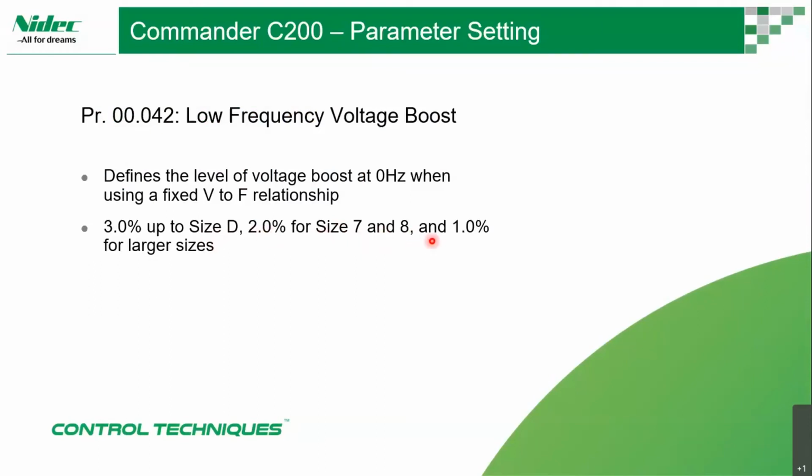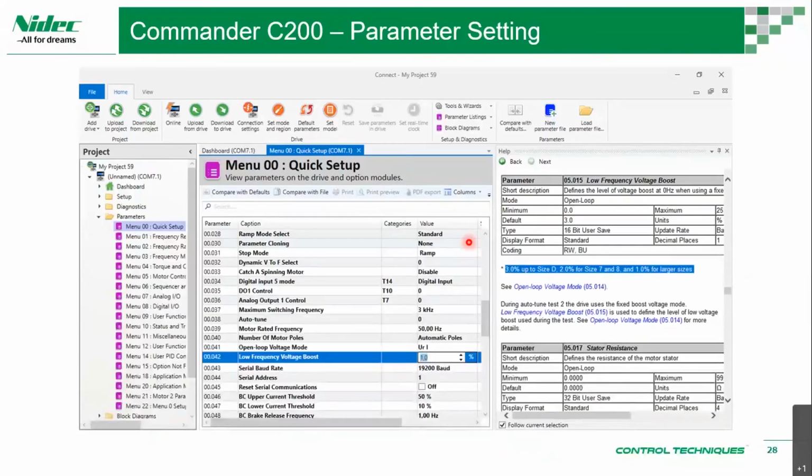And for the largest frame sizes, we can use 1%. How to access the parameter low frequency voltage boost? If you cannot find the number, you can activate the help. You can see here is the same explanation. Okay.